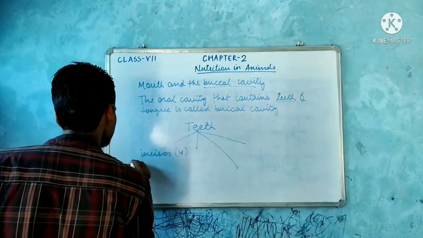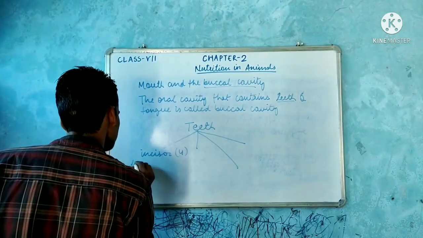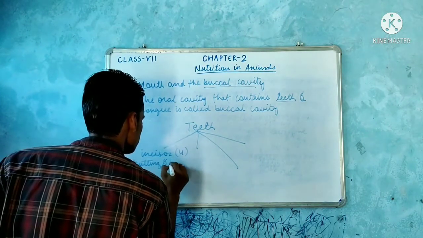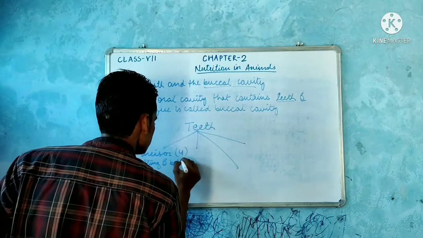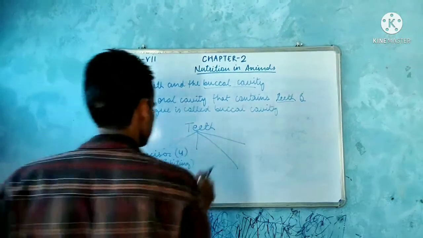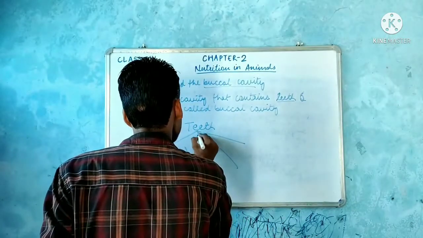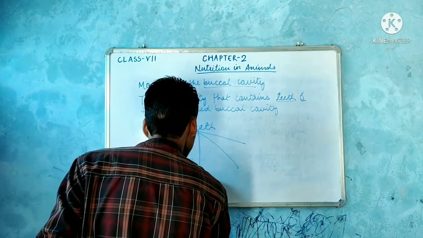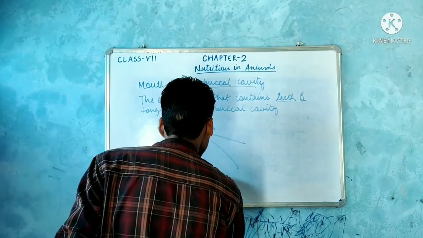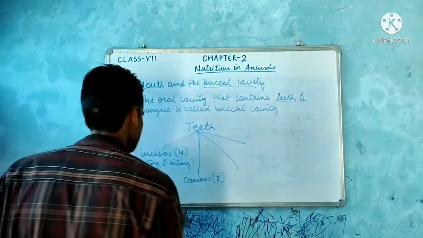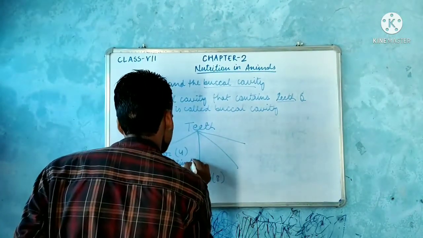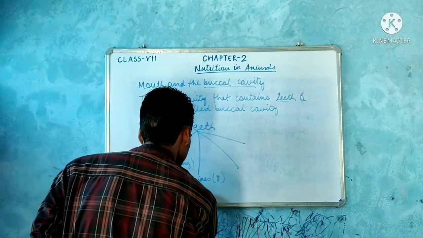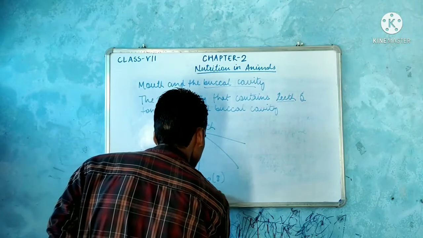It has the function of cutting and biting. Second type of teeth is canines. It is 4 in number. It has the function of tearing and piercing.